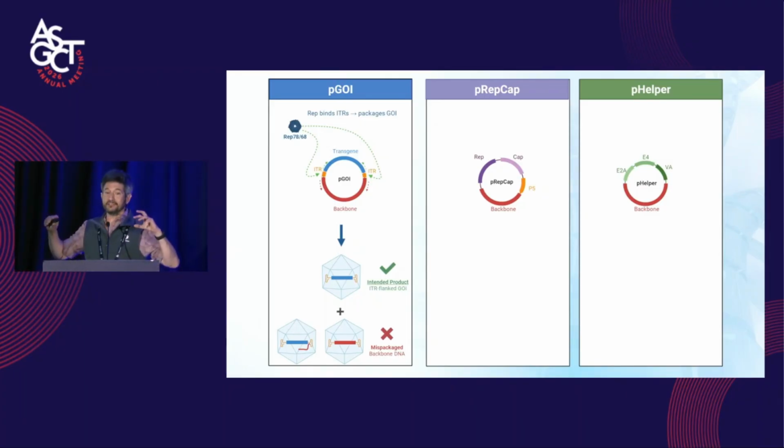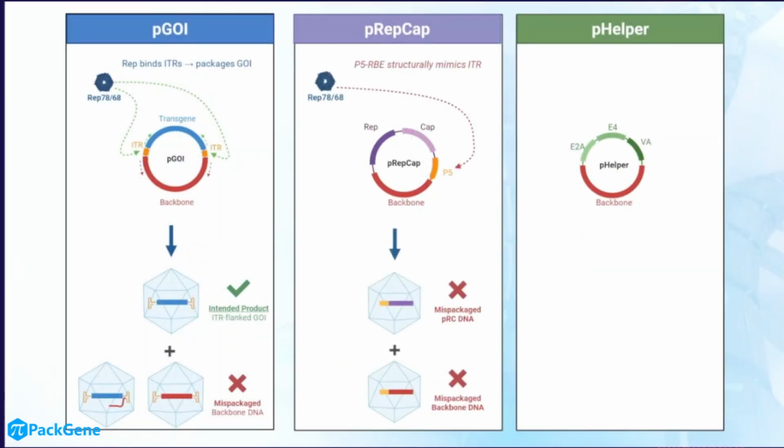It can even package only the backbone DNA through what we call reverse packaging, and it makes those mistakes regularly. There are also the rep binding elements on the P5 promoter, which can mimic the ITRs, and that can cause packaging of the specific rep cap sequences or some more backbone from that plasmid. And we don't have any suspected motifs on the helper plasmid.